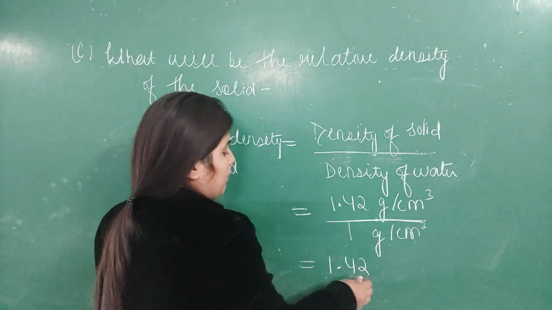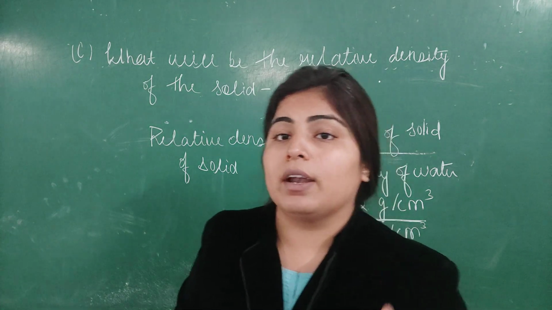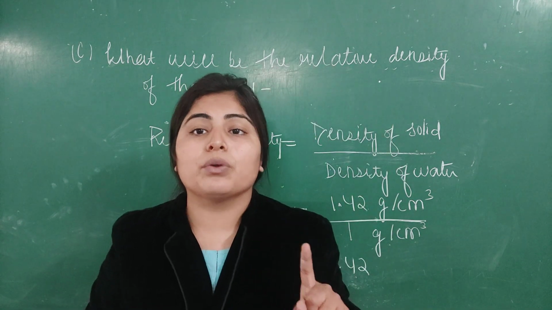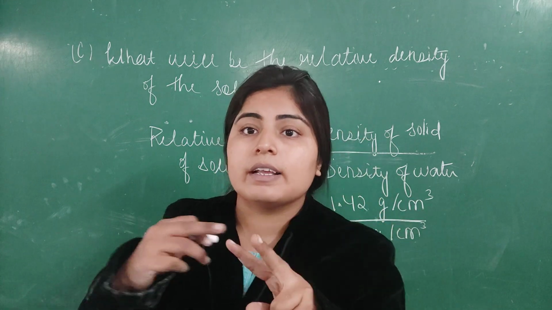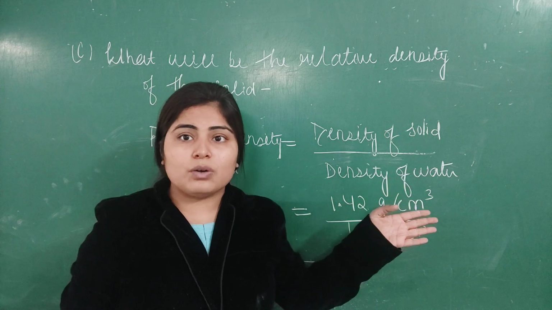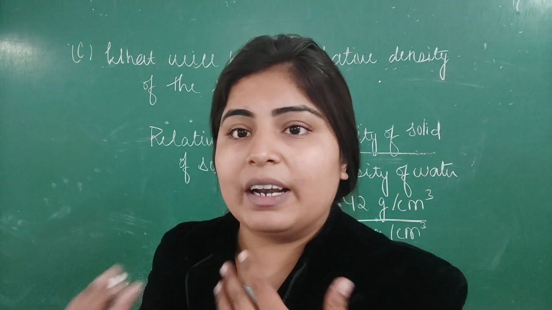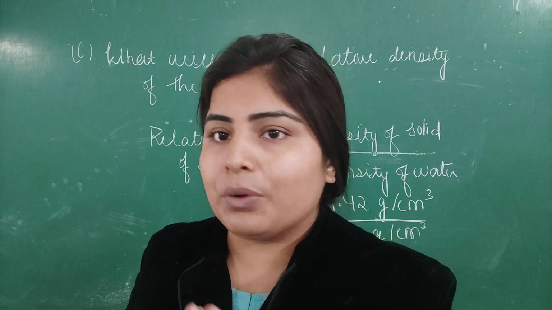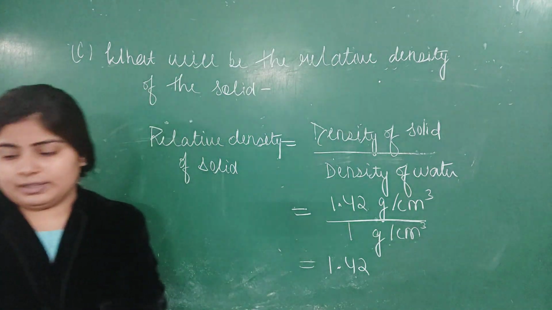So the answer will be 1.42. Remember, there is no unit of relative density. रिलेटिव डेंसिटी की कोई यूनिट नहीं होती है, because it is the ratio of the two densities, the density of the solid and the density of the water. So these will cancel out. So there is no unit of the relative density.